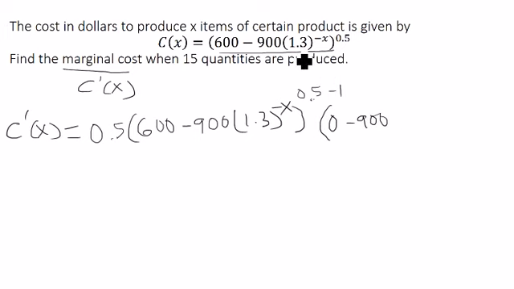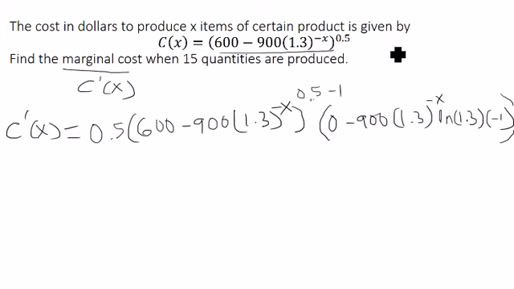And the derivative of 1.3 to the negative x is going to be 1.3 to the negative x times natural log of 1.3. That's the outer function, because this is again another chain of functions, times the derivative of the inner function, which is negative x, and its derivative is negative 1. And then we have to put this external parentheses here.